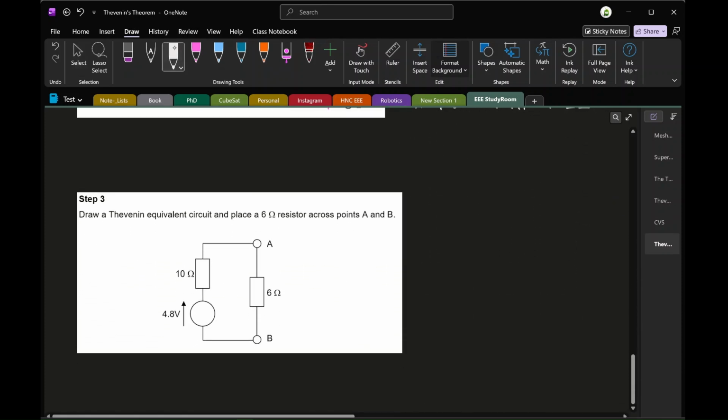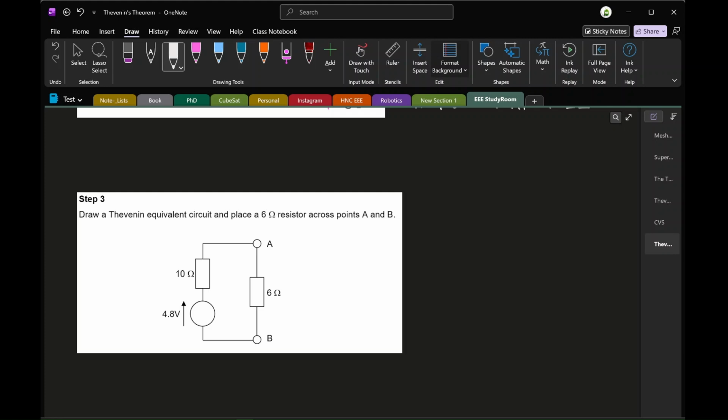The final part, and this is something that I stress to all of my students, is always draw your equivalent circuit. It's the same for almost any area in electrical engineering. If you're network reducing, draw your network reduced circuit as you go. It leads to less confusion.